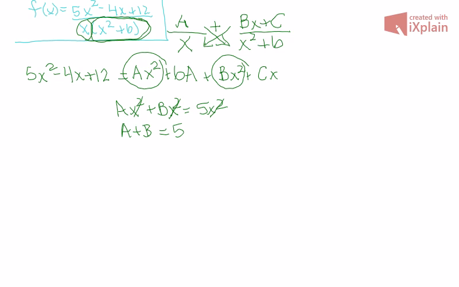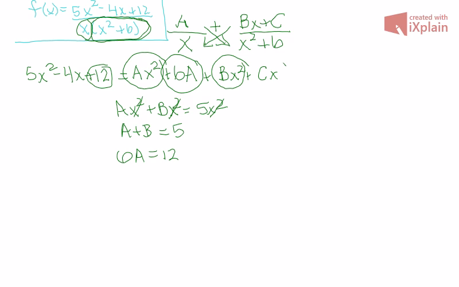Well, we can't automatically solve that, so we're going to have to look at our other terms. So we know that 6A is going to have to be equal to whatever on this side doesn't have an x in it. So we know 6A is going to be equal to 12.